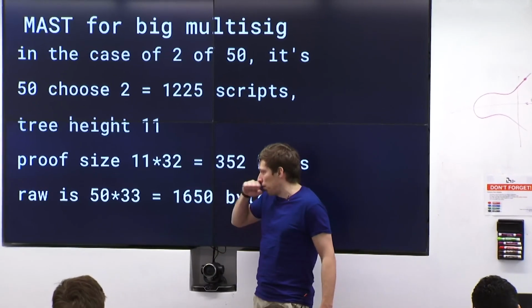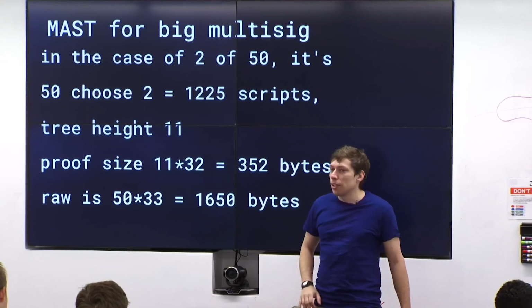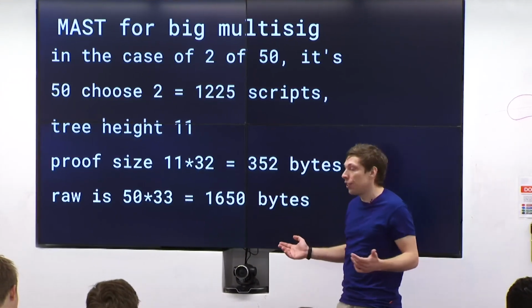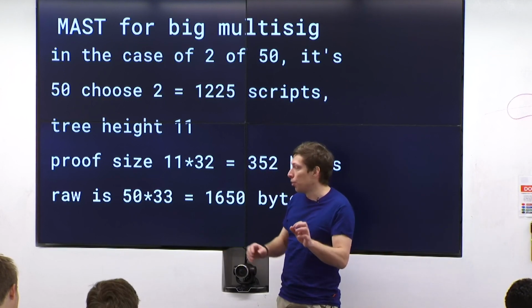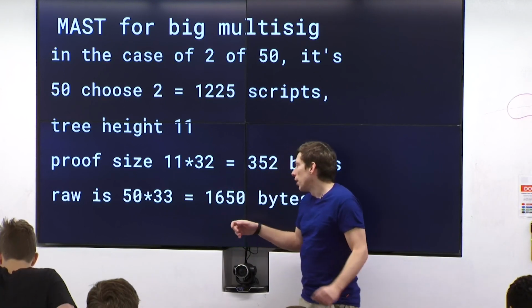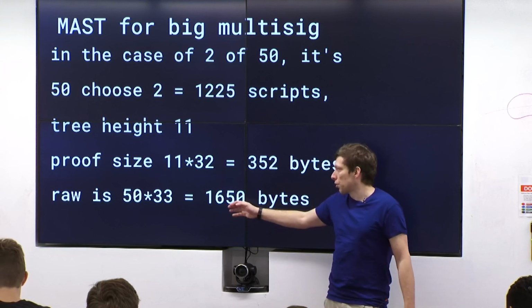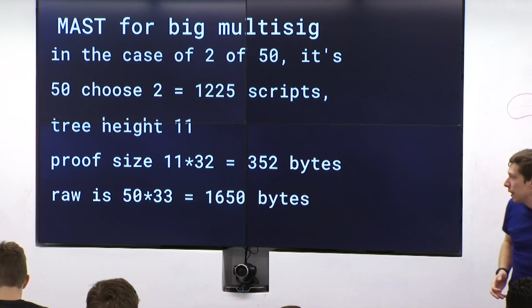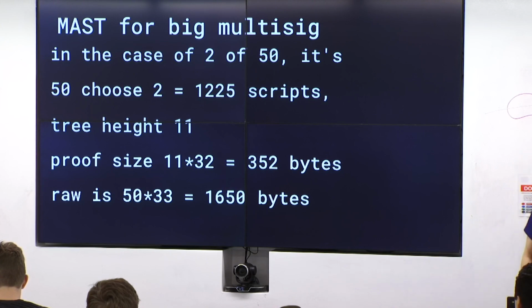And if you didn't use MAST, you can say, I'm just going to have a pay to script hash, and the script is just going to show all 50 keys, with op2, all 50 keys, op3, and that would be about 1,650 bytes, plus 3 or something. So MAST is an improvement. It's sort of like, hey, I'm doing log n, right?